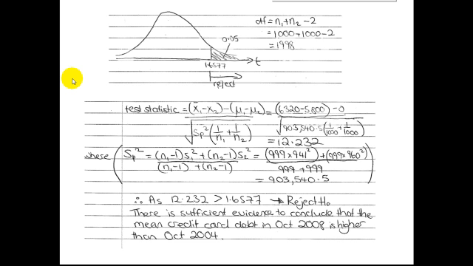I've got my sample 1 standard deviation, 941, so I can square that to get the variance. My sample standard deviation for sample 2 is 960, square that. Pretty much at this stage, once you've written down all the numbers, it's just a matter of doing the number crunching, and we end up with 903,540.5.